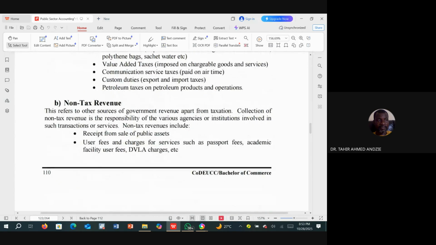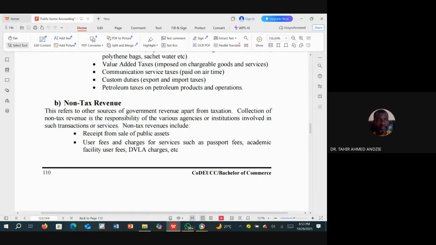Then we have non-tax revenue, that is the second source of revenue. This refers to other sources of government revenue apart from taxation. Collection of non-tax revenue is the responsibility of the various agencies or institutions involved in such transactions or services. So non-tax revenue includes money received from sale of public assets.